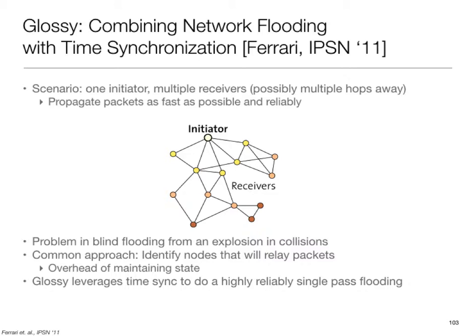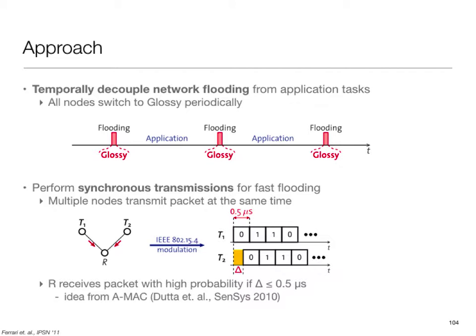And that flooding does two things. It disseminates information, but it also synchronizes the network. So let's see how it works. It makes use of an idea which I had mentioned earlier as a use for time synchronization, and that is coherent combining.